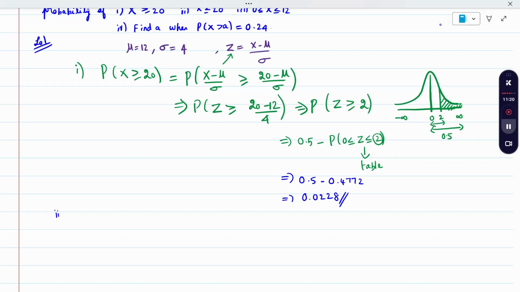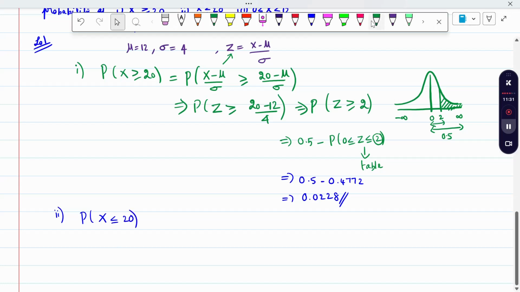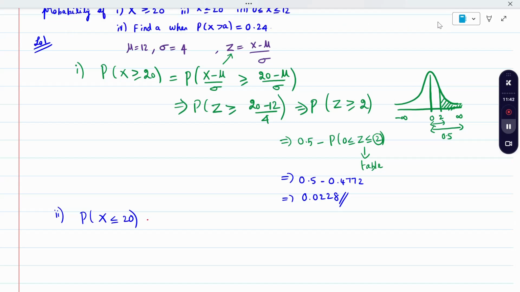So what is our second subdivision? Probability of x less than or equal to 20 is our second subdivision. It is the same procedure only. When I do it, I subtract mu from x and divide by the standard deviation: probability of (x minus mu) divided by standard deviation is less than or equal to (20 minus mu) divided by standard deviation.